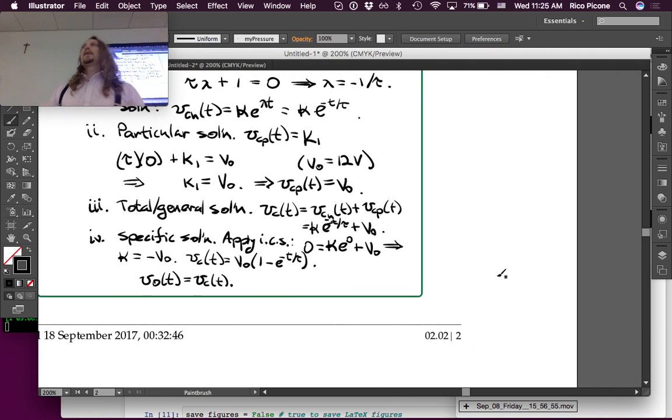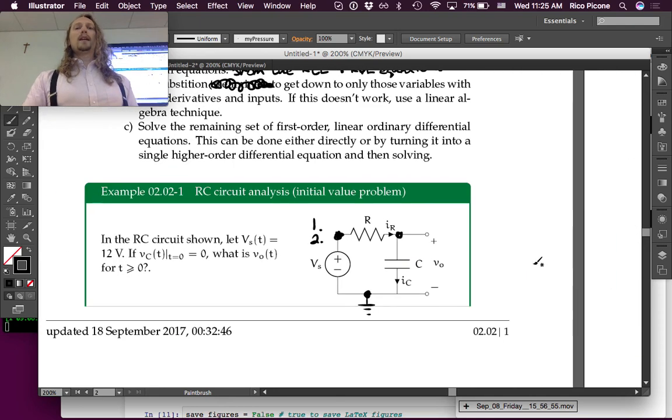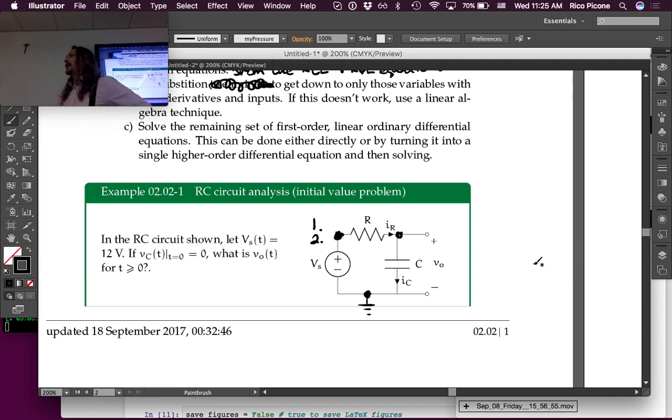Excellent. We should sketch these things. When we solve these problems, we should sketch them, get a feel for what they're like, right? So for this circuit, remember we talked through the idea that if we apply this constant voltage and the capacitor wasn't charged up to begin with, it would charge up and approach some steady state value that we think is 12 volts, right?